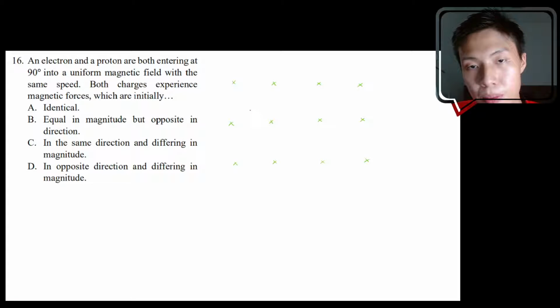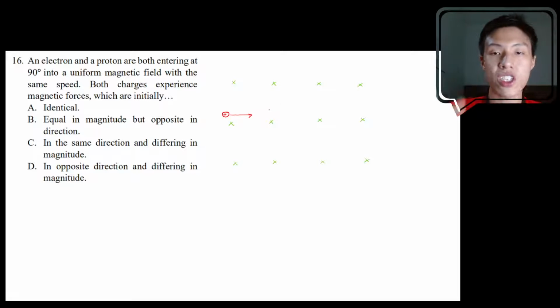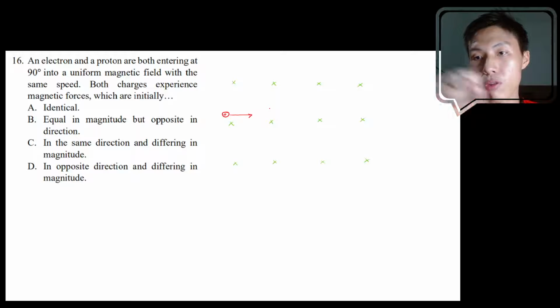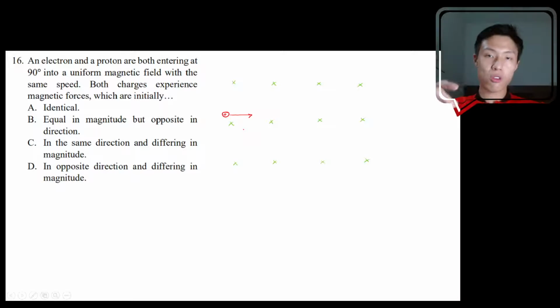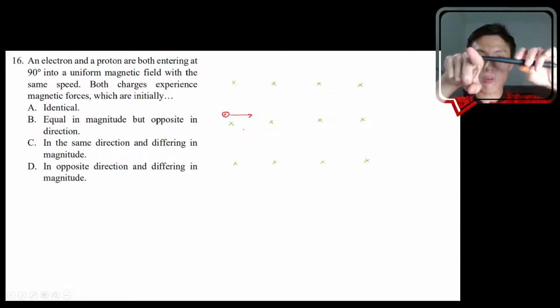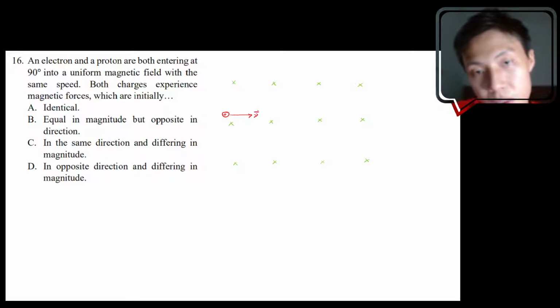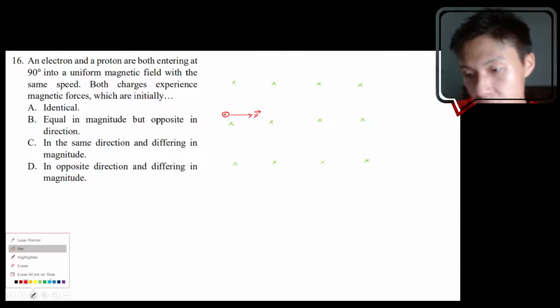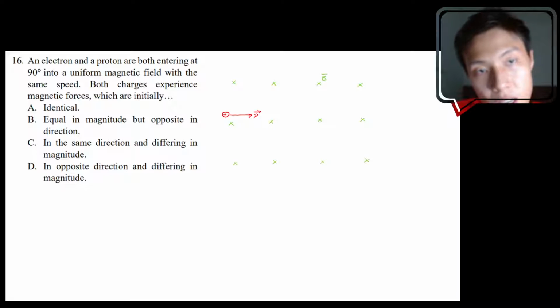I'll use a red pen to represent the proton. The proton is entering the uniform magnetic field at 90 degrees. You can see the magnetic field is pointing into the page, and my proton is moving to the right. Moving to the right and pointing into the page are 90 degrees to each other. So I can label it like this. I'll label this one as the magnetic field B.